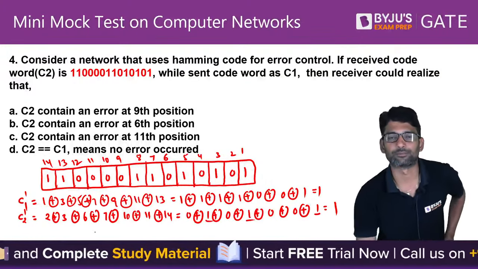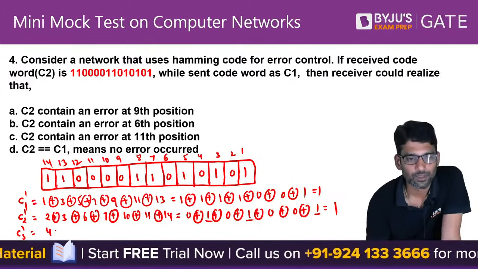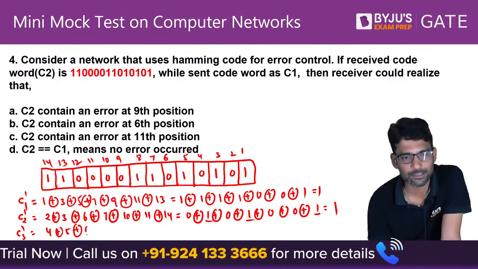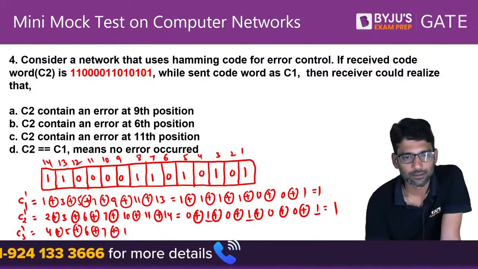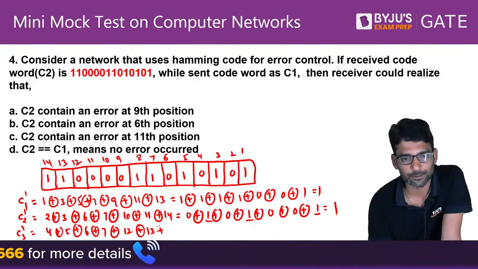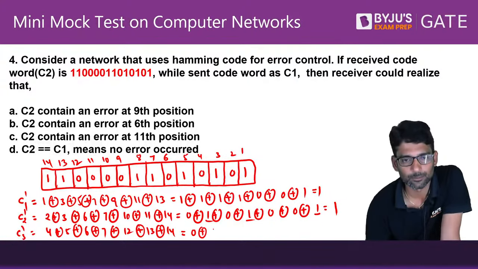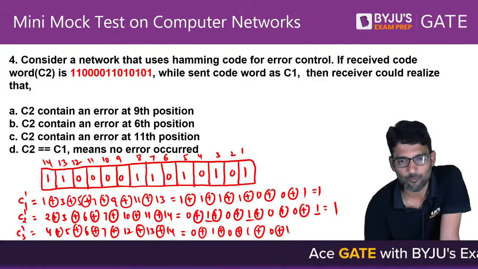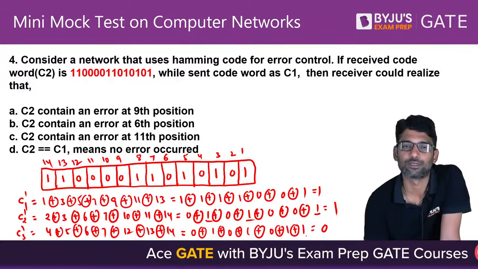So 1. Now C3 dash, which is include 4, exclude 4. So 4, 5, 6, 7, then exclude 8, 9, 10, 11, then include 12, 13, 14. So 4, 5, 6, 7 are 0, 1, 0, 1, and then 0, 1, 1. So even number of ones, so 0.